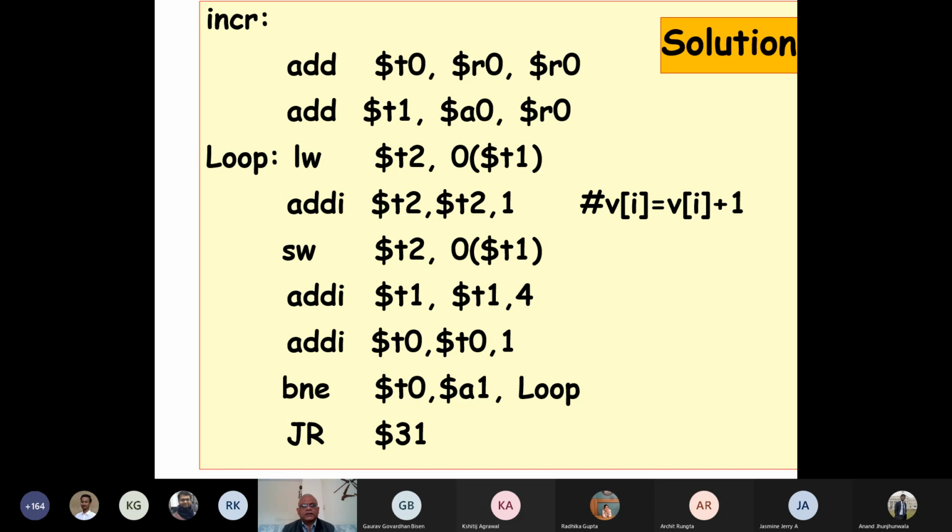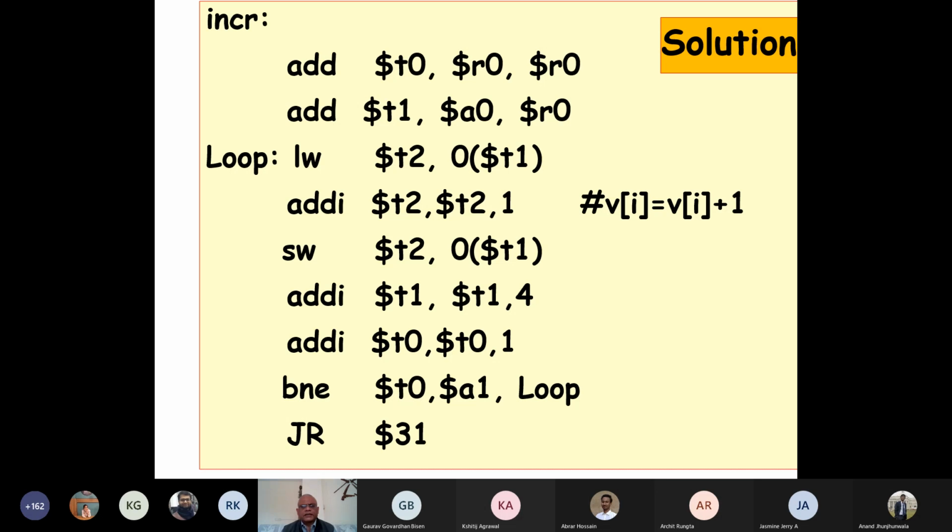Now we put A0, which is the address of the array, in T1. So move A0 to T1. We write add T1, A0, R0. So now T0 contains 0 which is our I variable, and T1 we'll use for address computation.